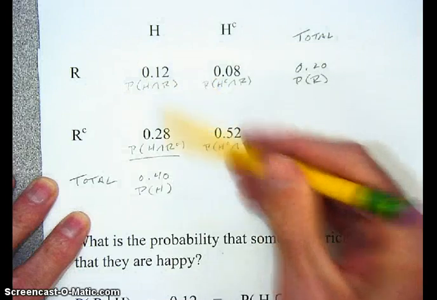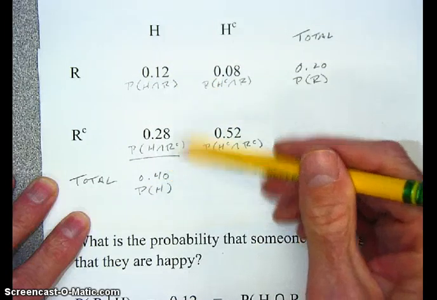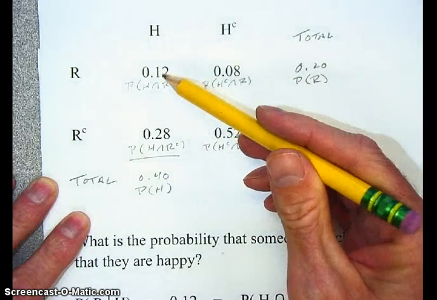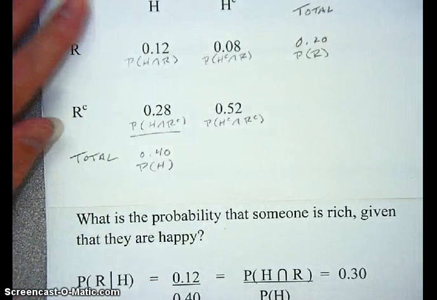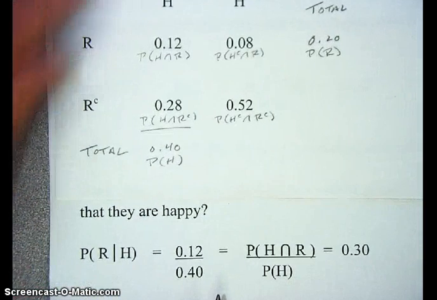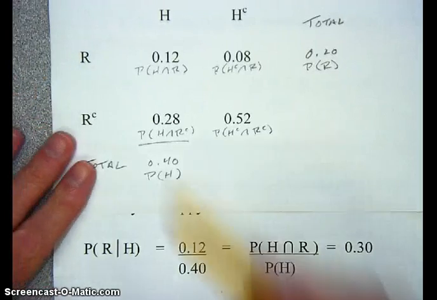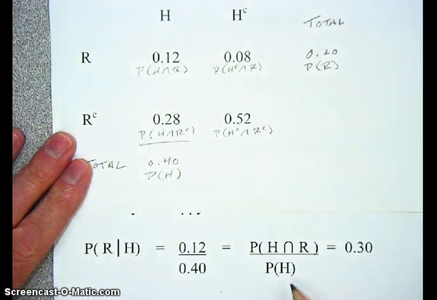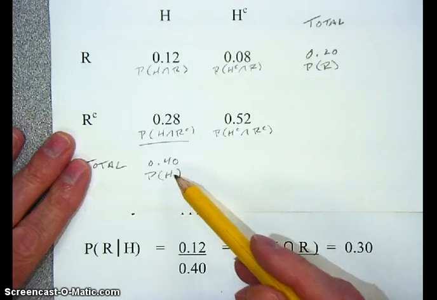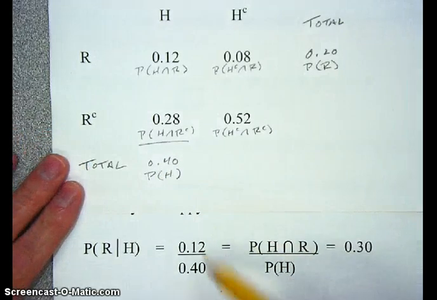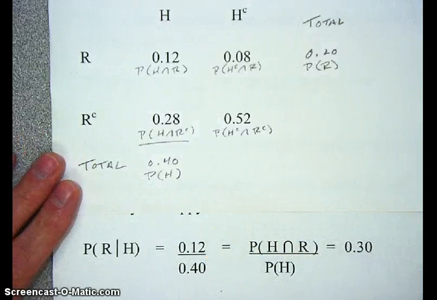If we take that 12% and divide it by that 40%, we get the proportion who are rich given that they are happy. That's 0.12 over 0.40, the probability that somebody's happy and rich, divided by the probability that they are happy, which is this column total, and that works out to be 0.30 or 30%.